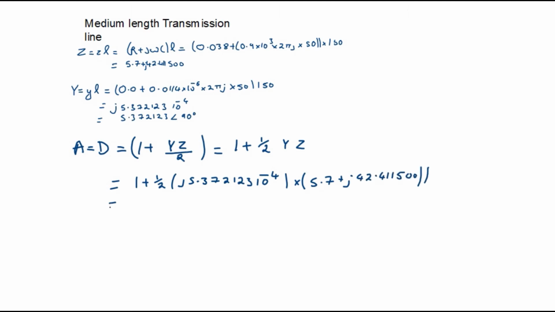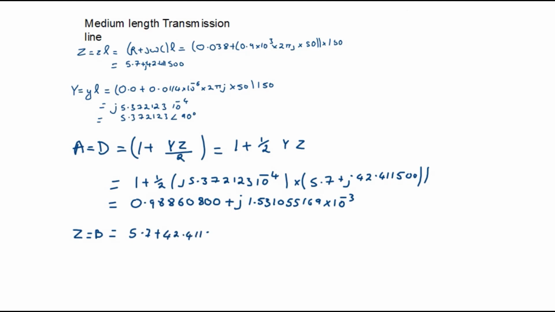This is equal to 0.98868 plus j1.531055 10 to the power minus 3. Z is equal to B, which we have already calculated to be 5.7 plus j42.411.